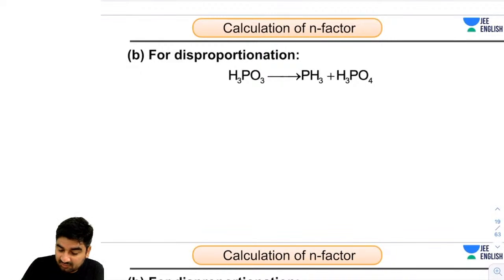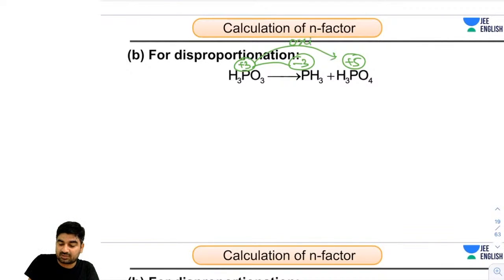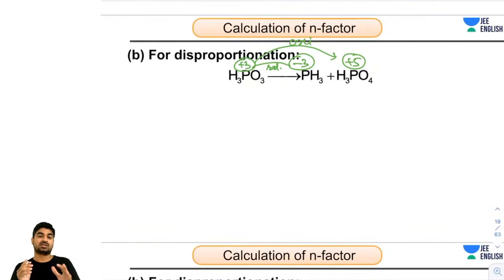So guys, again here if you verify, this is +3, this is -3, and this is +5. So phosphorus is undergoing reduction as well as oxidation. So now I know that this is disproportionation, because atoms of the same element are undergoing oxidation as well as reduction.